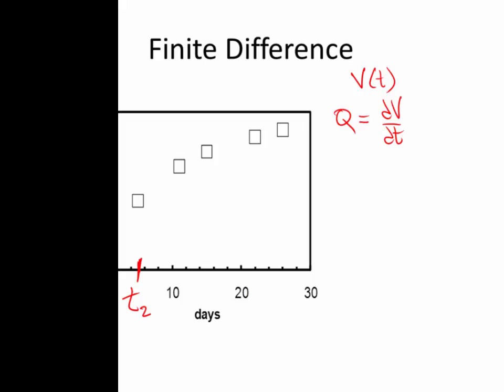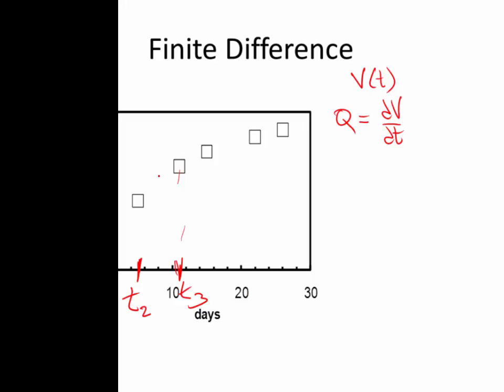So time 1, time 2, and the time at this point right here, that would be T3. And similarly, this would be volume 1, volume 2, and volume 3. So each one of these 3 points is characterized by a volume and a time.